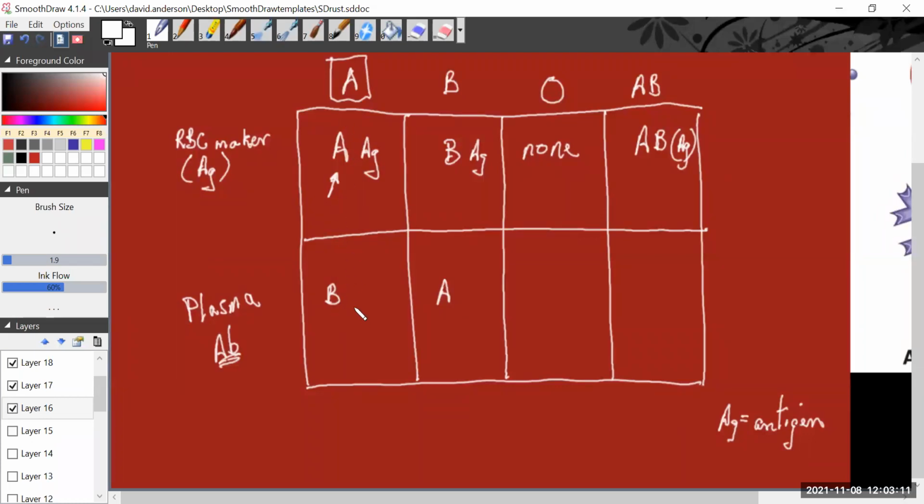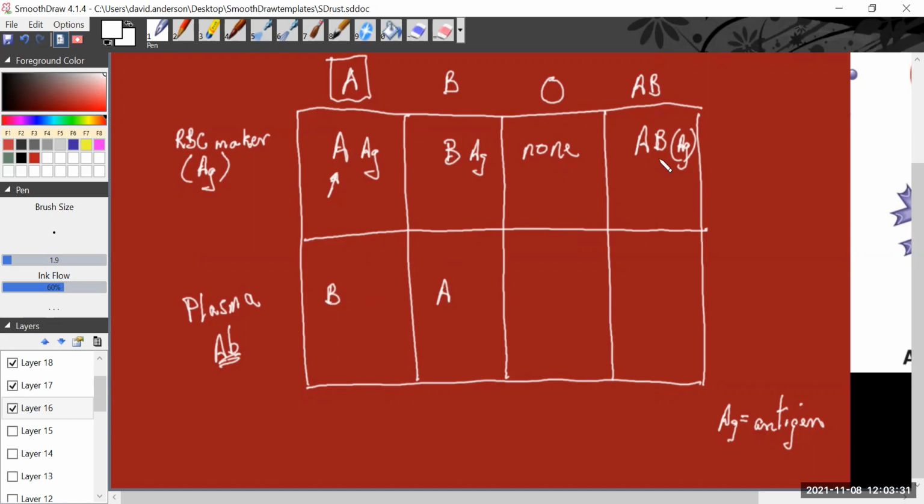This represents a mismatch. So in these two situations, we've got a mismatch. We cannot give somebody with type B blood A blood because it's going to be a mismatch. It's going to create coagulation, clumping, could potentially be life-threatening.